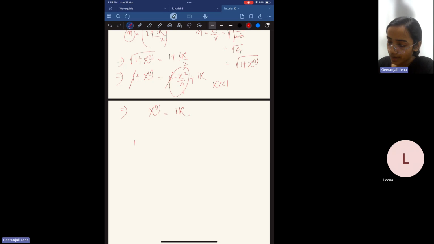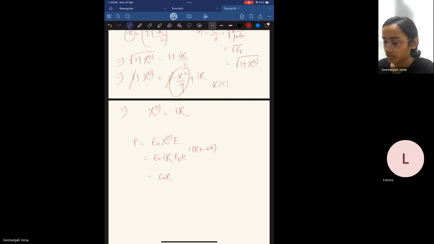So that means we have the polarization P as epsilon naught chi1 E, which is epsilon naught i k E0 e to the power i(kz minus omega t). The i you can write as e to the power i pi by 2, right?